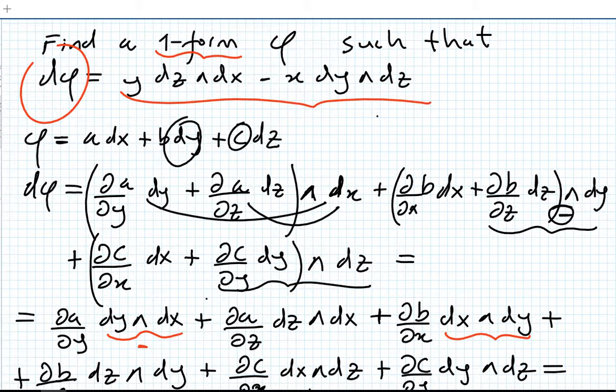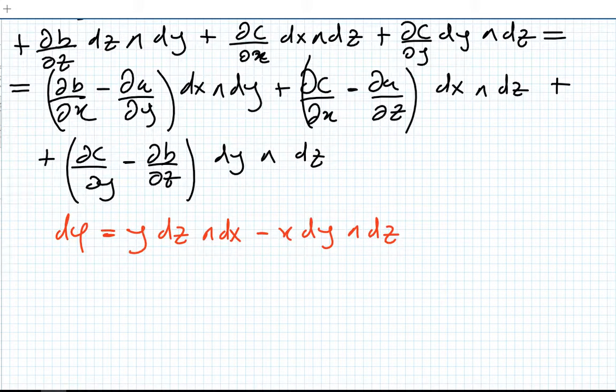Before we forget what we are doing, we were asked to find a one-form phi such that the exterior derivative d phi is y dz wedge dx minus x dy wedge dz. So we built a general one form phi, and we are taking the total derivative. Let me rewrite what we have to show. So all this will be this.